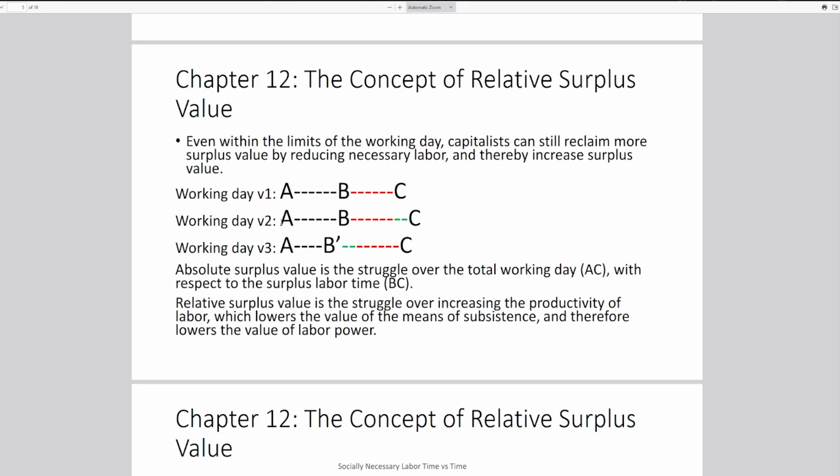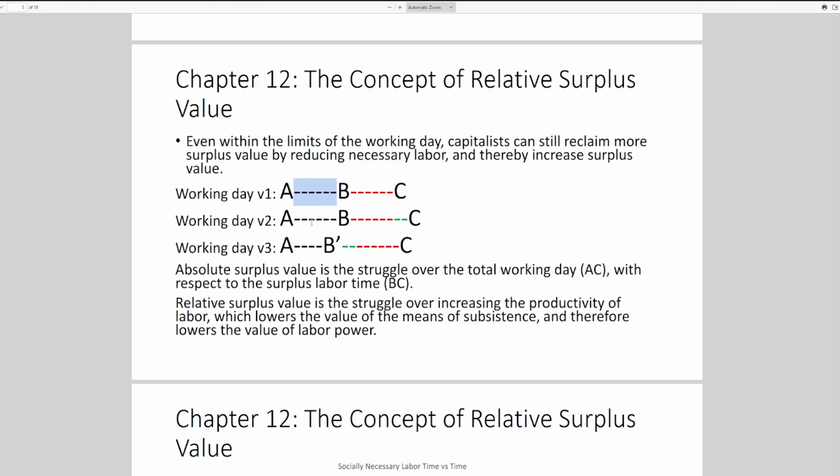So version 2 here would be the absolute surplus value route. In green, I marked here the 2 extra hours that we extended the working day. So now we have a 14-hour day, and we're assuming, just like we did in the previous chapter, that the necessary labor time for this particular worker is the same from version 1 to version 2.